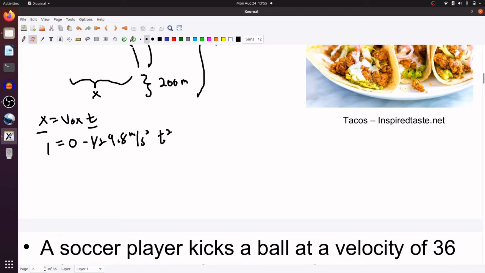And my y value, which I forgot to write in here and have already figured out, is negative 2,800. So, simplifying, canceling out my meters and my negatives, it's going to give me 2,800 is equal to 4.9 t squared.